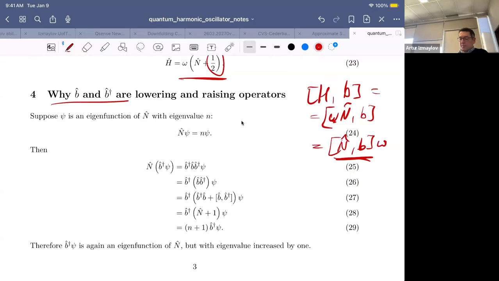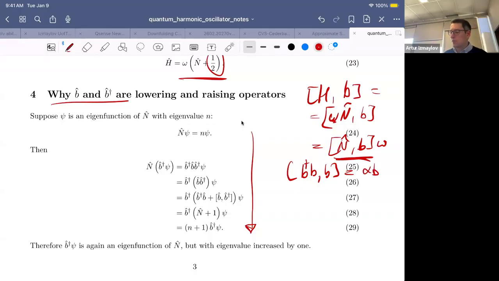This is sort of the relations that show that, if you do the commutator of B dagger B with B, it's easy to show that it's alpha B essentially, right? How do I show that?